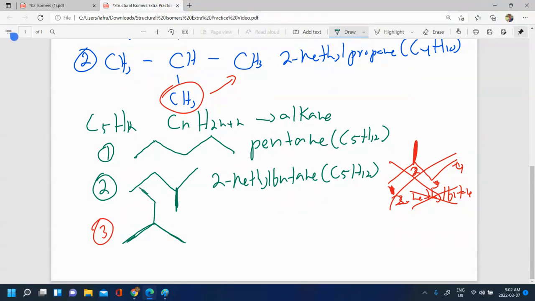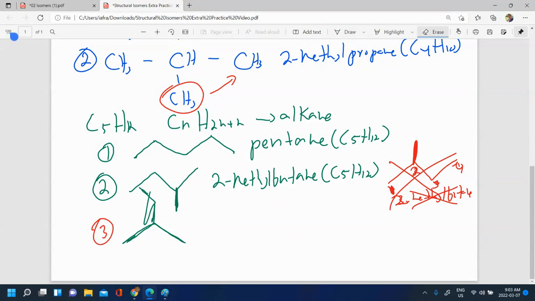Does that work? Let's see. If I do that, I try to name that molecule. You'll see that this is actually the same one as above, just rotated. So that one won't work.